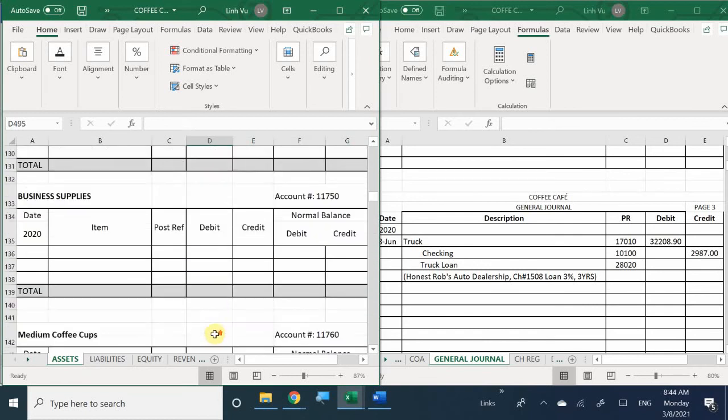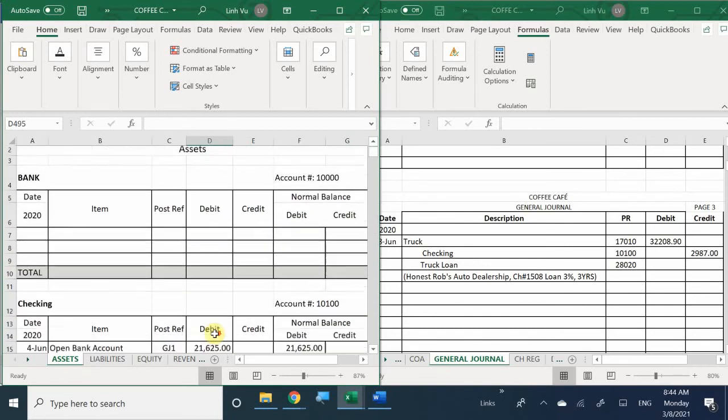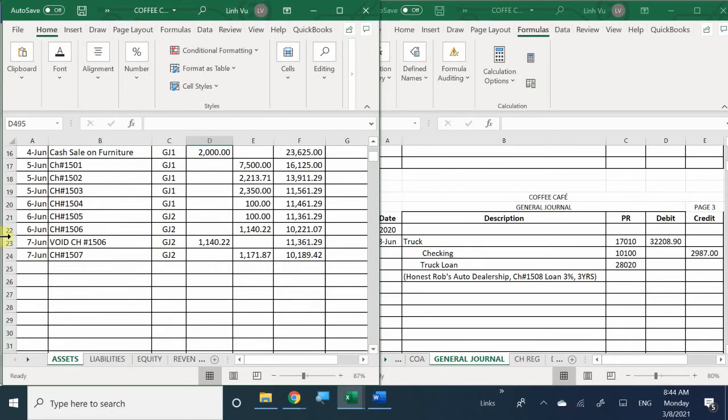Then we wrote a check, so we got to go back up to checking, 6-8, check number 1508. General journal number 3, and this time we credit it because we spent the money, right? 2987.